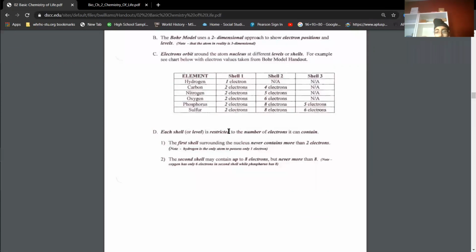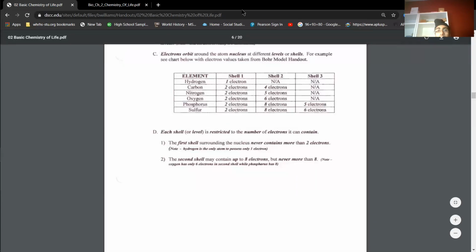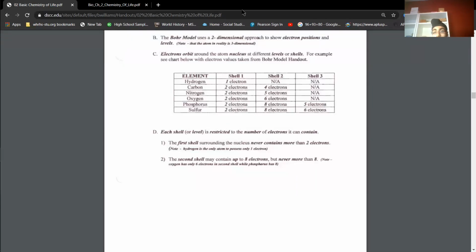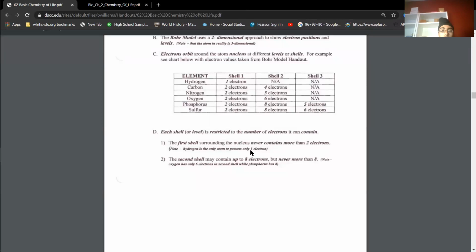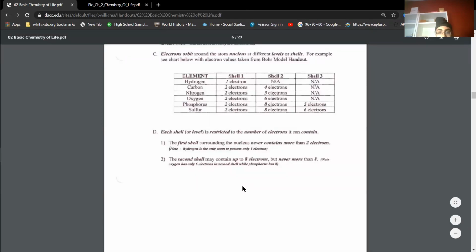From there, it goes to 18 and 32. You guys just need to note that the first 2 shells are 2 and 8. The first shell can't contain more than 2, and the second shell can't contain more than 8. Also, if you guys have any questions, just type them in the chat to me. That's easiest. And now we can go back to our periodic table here.